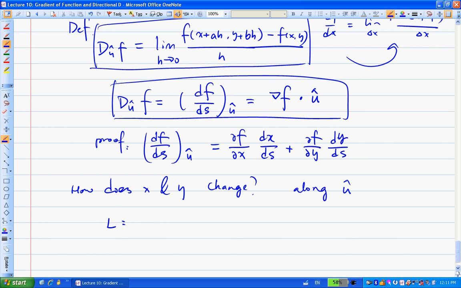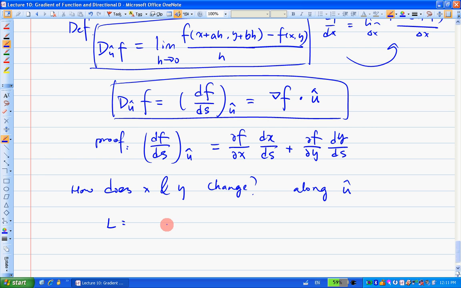So the natural question is, what is the line L equation? How do I find the line equation? A point on the line and a parallel vector. Do I have a point? I have the point P naught. Do I have a parallel vector? Not the gradient. U hat is the parallel vector.